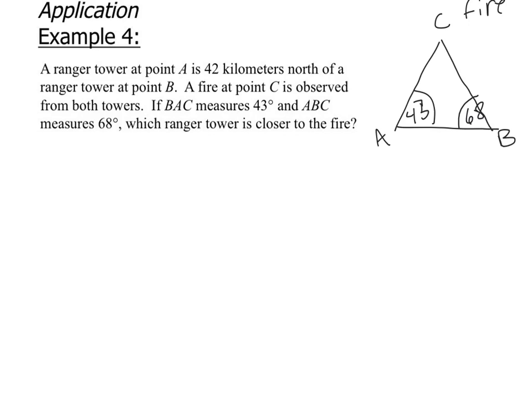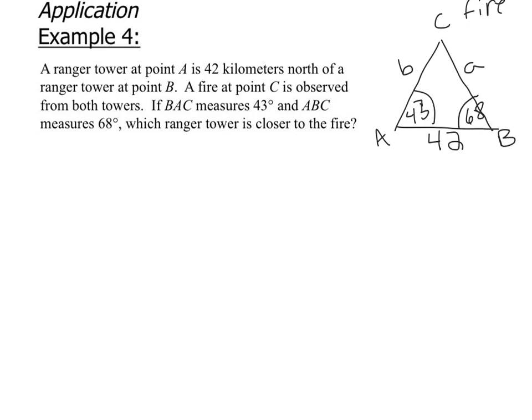And they also tell me that Ranger Tower A is 42 kilometers north of Ranger Tower B. So I know that side is equal to 42. I'm going to call this side B and this side A. The question is, which is closer to the fire?